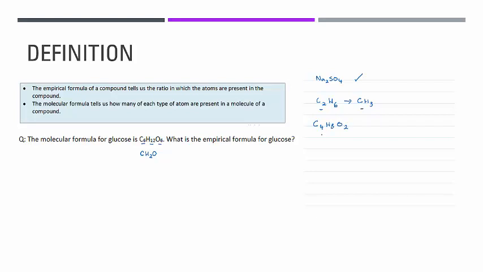In this case, we can divide all of these numbers by 2 again. If I divide 4 by 2, that becomes 2. 8 divided by 2 becomes 4. And 2 divided by 2 becomes 1. So that's the molecular formula, and this is the empirical formula. So basically we're simplifying down.